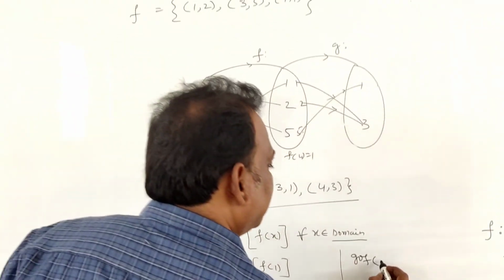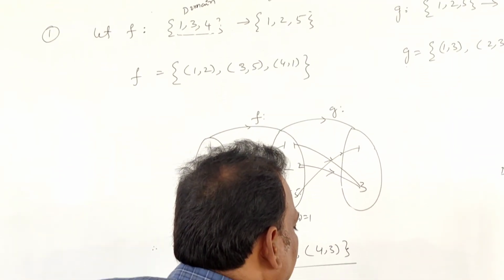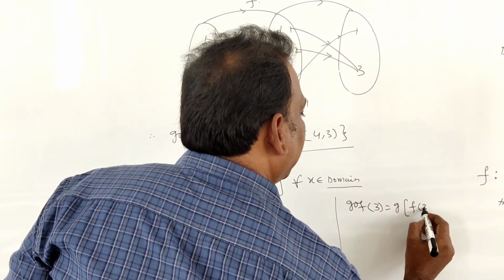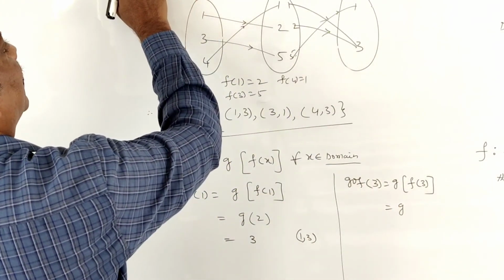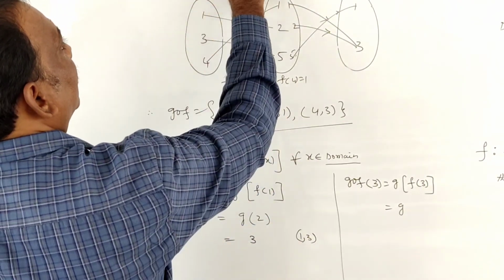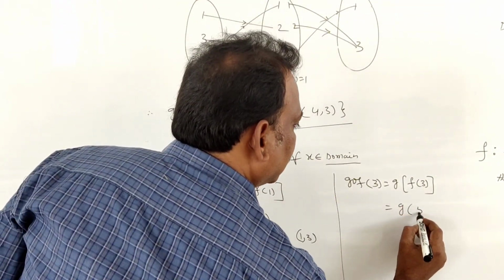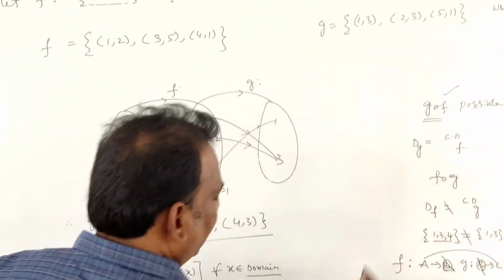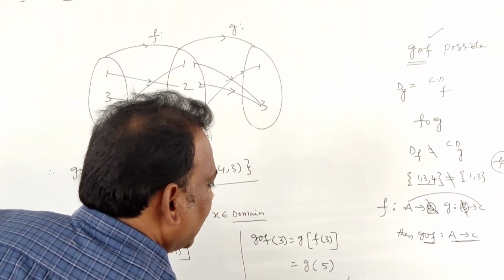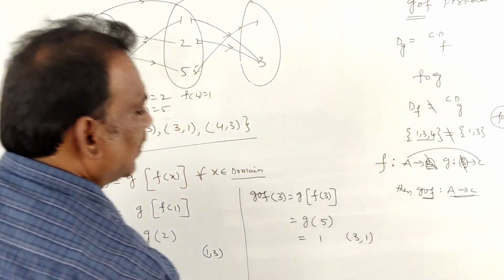Next, we take the input 3. G of F of 3: what is F of 3? F maps 3 to 5. What is G of 5? G of 5 is 1. So taking 3, you got 1.